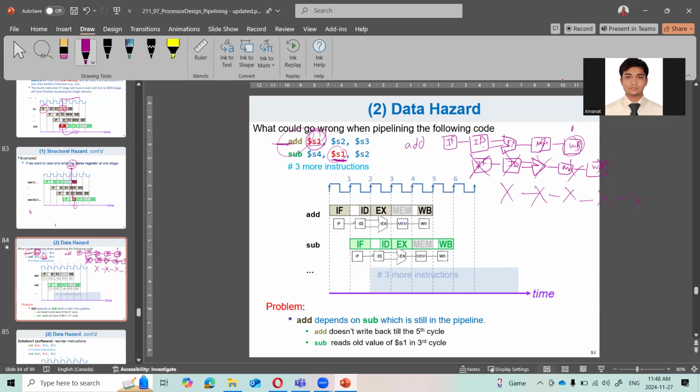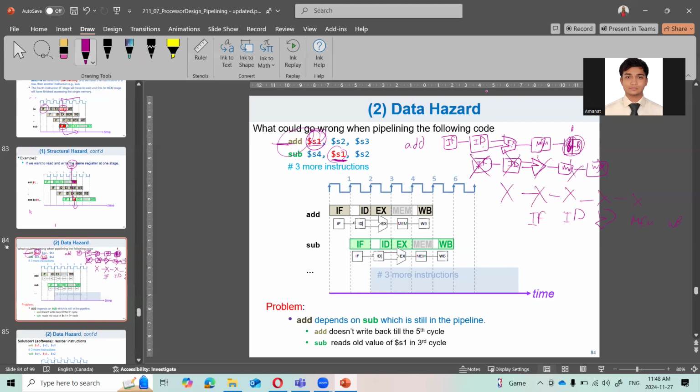Now if we draw fetch, decode, ALU, a memory operation, and write back, at this point in the first half of this, it has been written.